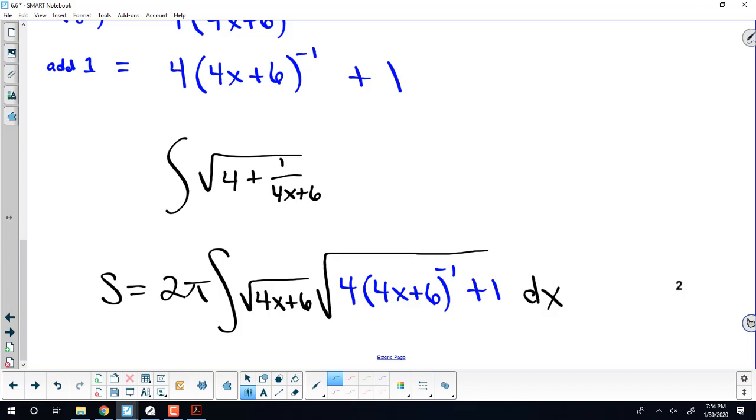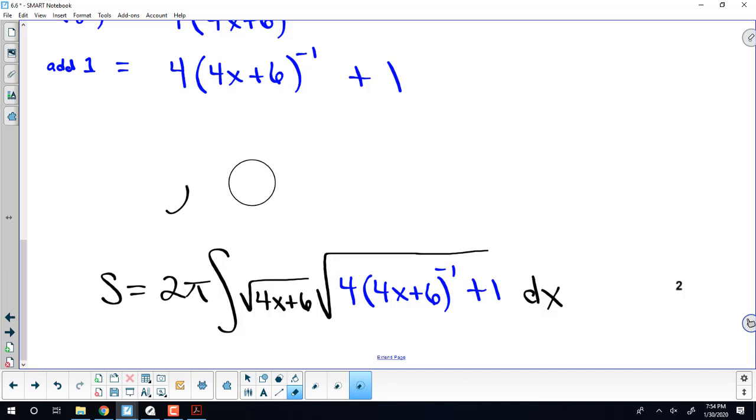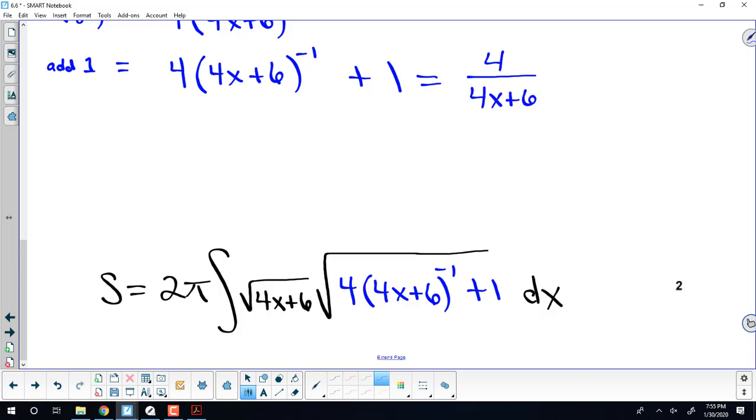So with surface area in particular, the way to make it better is in this step when we add 1 to our function. Instead of adding 1 as 1, typically you want to add 1 as a function. Here, we would say this first term is just 4 over 4x plus 6, right?